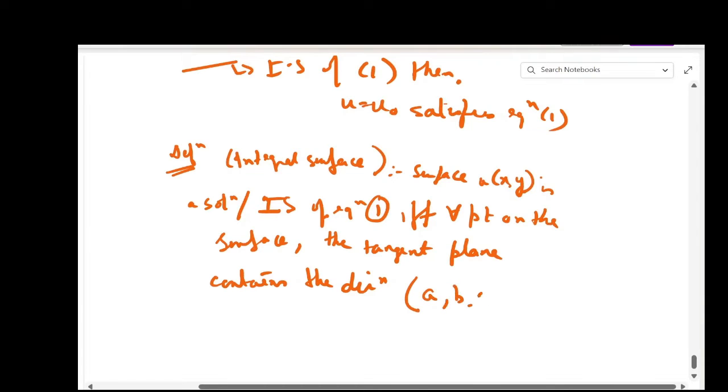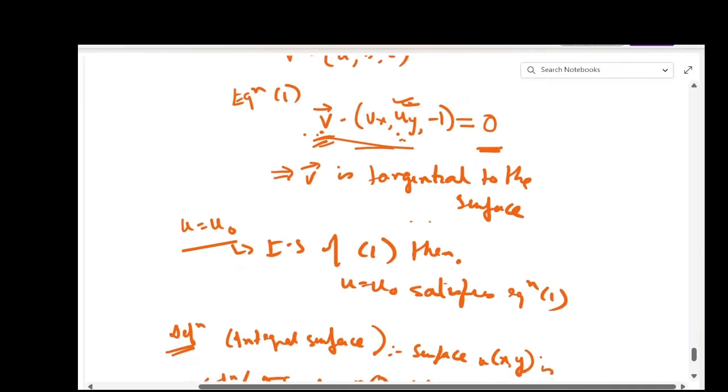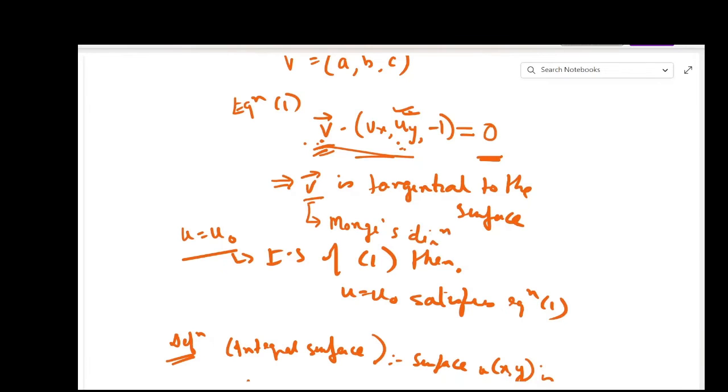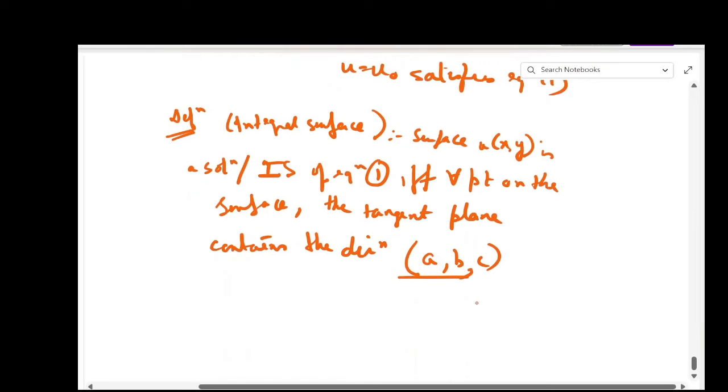So A, B, C. Now it has a very specific name in the theory of partial differential equations. This v is said to be the Monge's direction. So the definition reads: the tangent plane contains the Monge's direction. Let me read it out again.